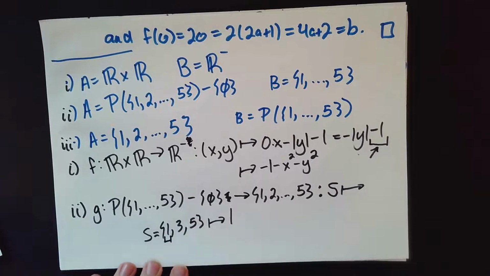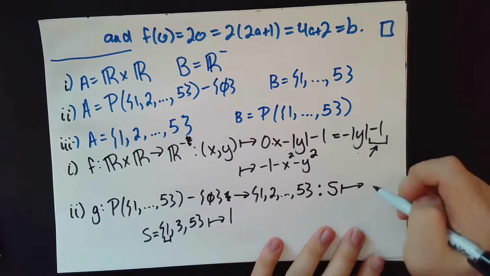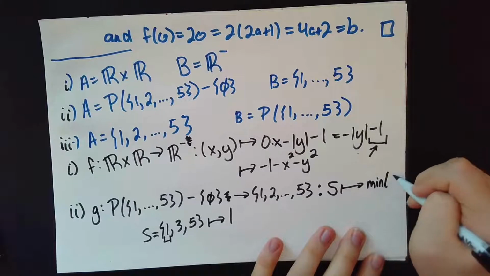It's the smallest element out of this set. And so I could actually do that in general. I can send every set to its minimum element.